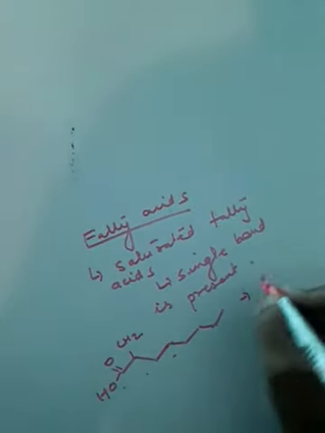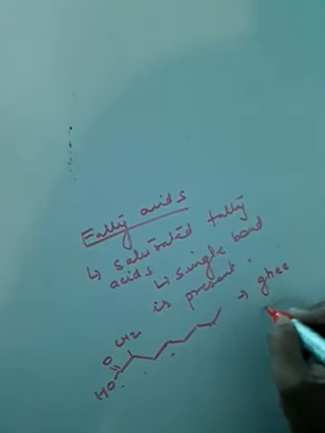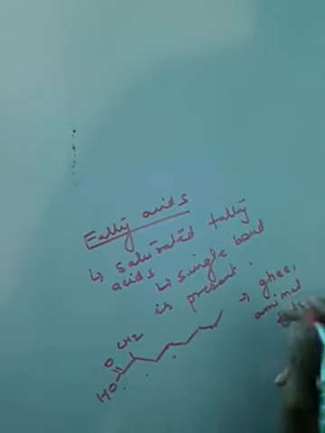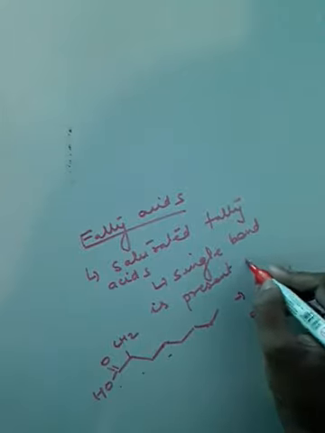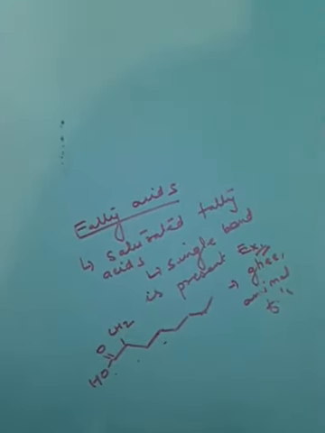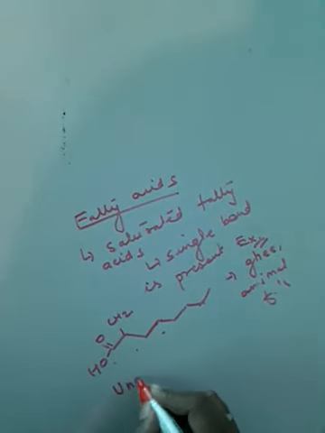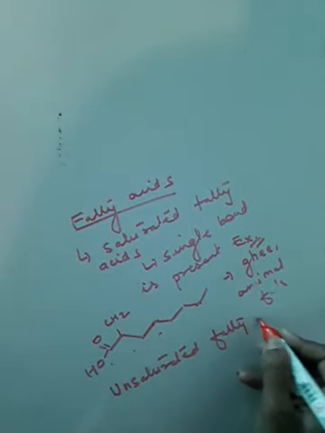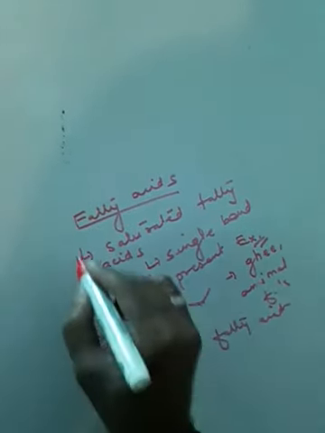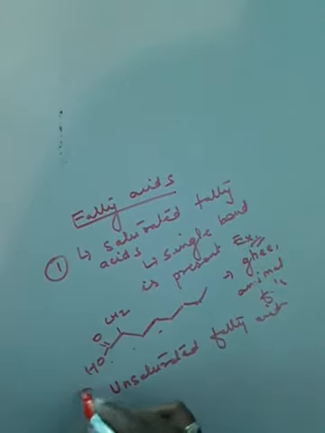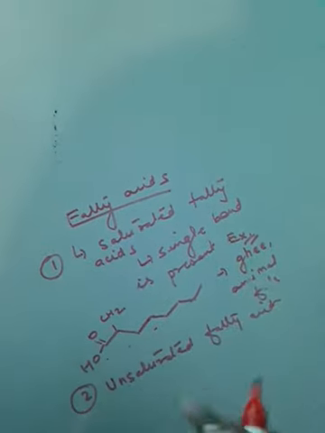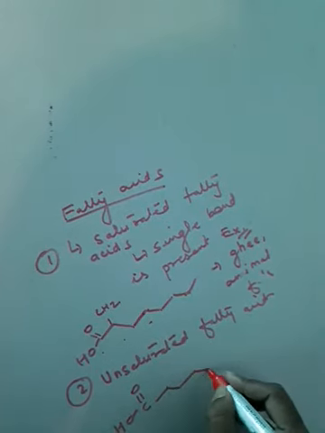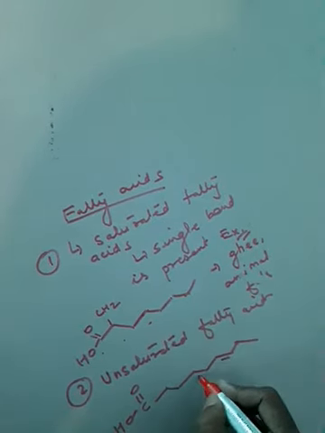The best examples are ghee and animal fat, which are examples of saturated fatty acids. Now unsaturated fatty acids. If you categorize fatty acids, there are two types, saturated and unsaturated. In unsaturated fatty acids the carboxylic group remains as such, but a double bond is also present.